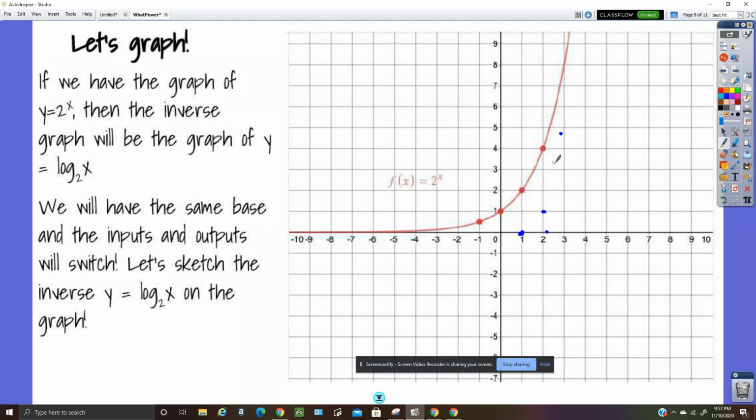And the inverse of (2, 4) is (4, 2). So got some dots here in the wrong place. All right, and then the inverse of (-1, 1/2) is (1/2, -1).